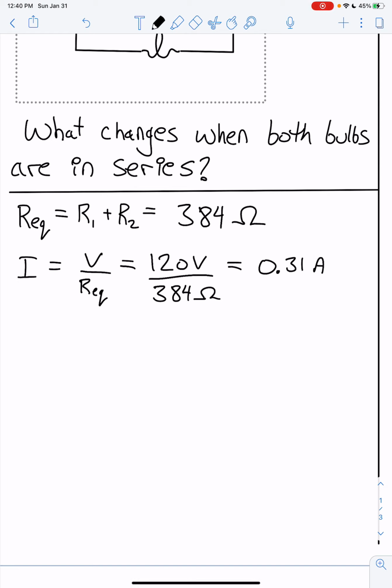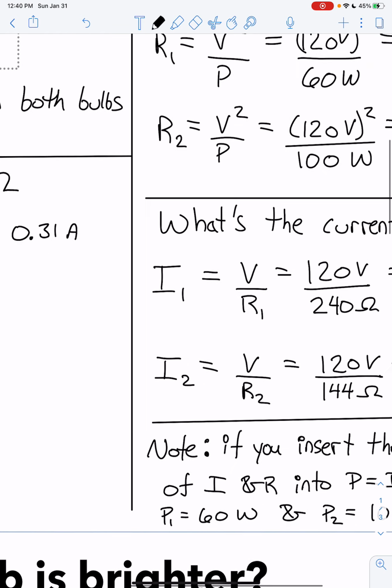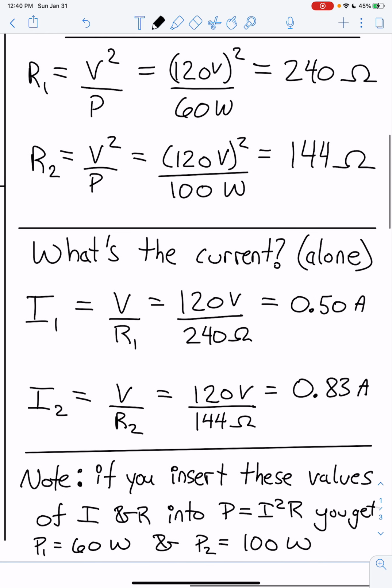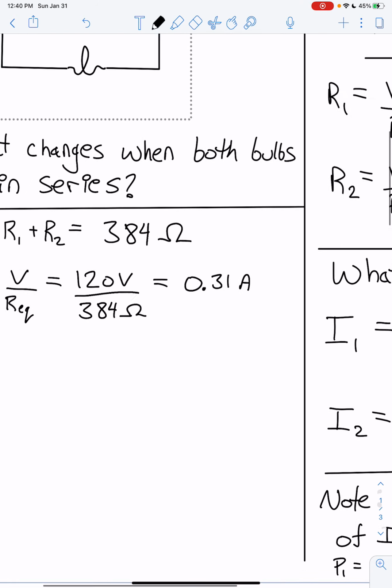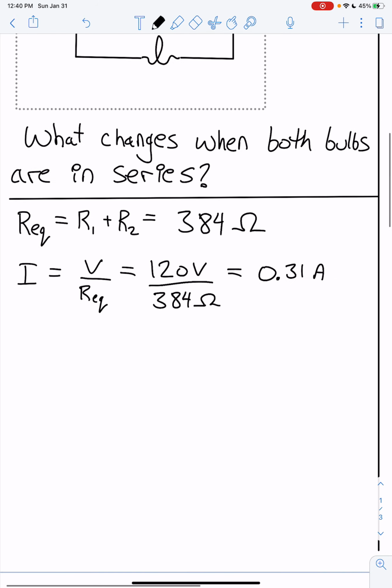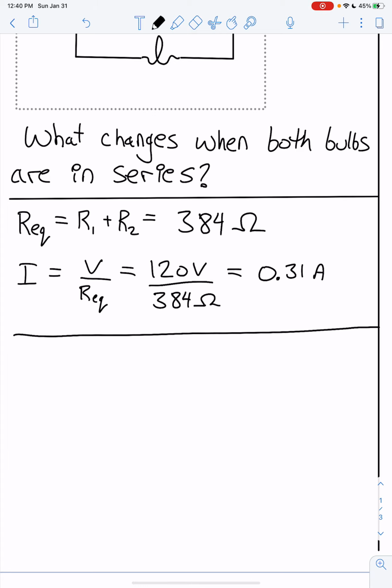How does that compare to the current flowing through the circuit when we had only the one bulb? 0.31 amps is less than both of those cases. Okay, that's very interesting. So now that we have the current, let's find the power.